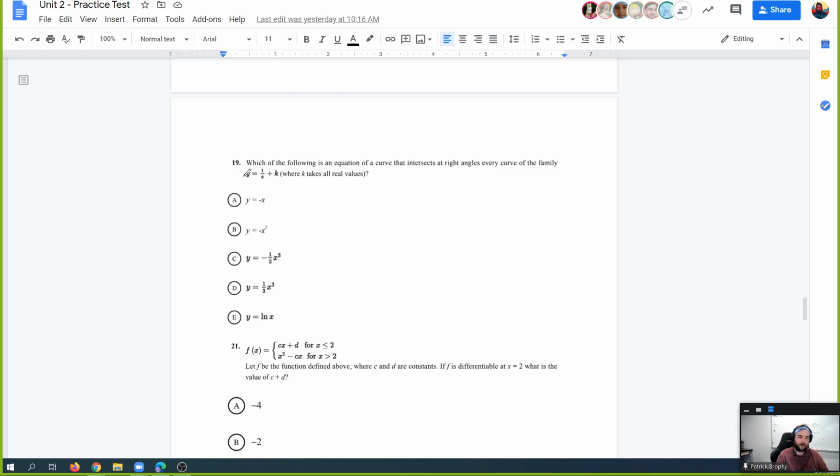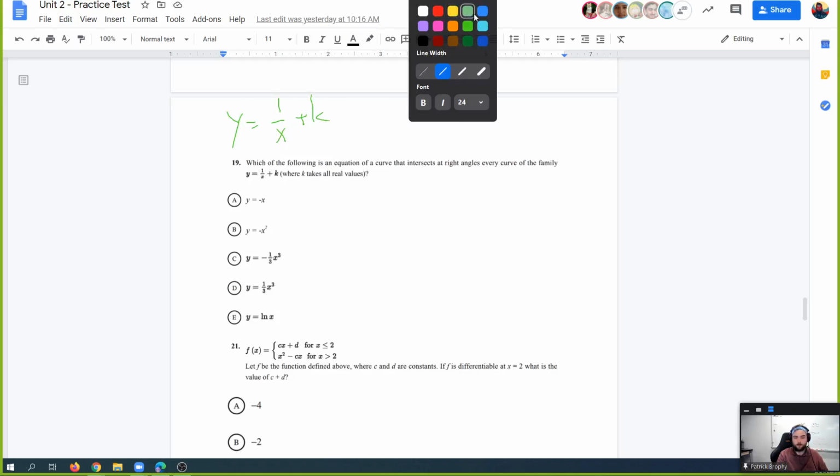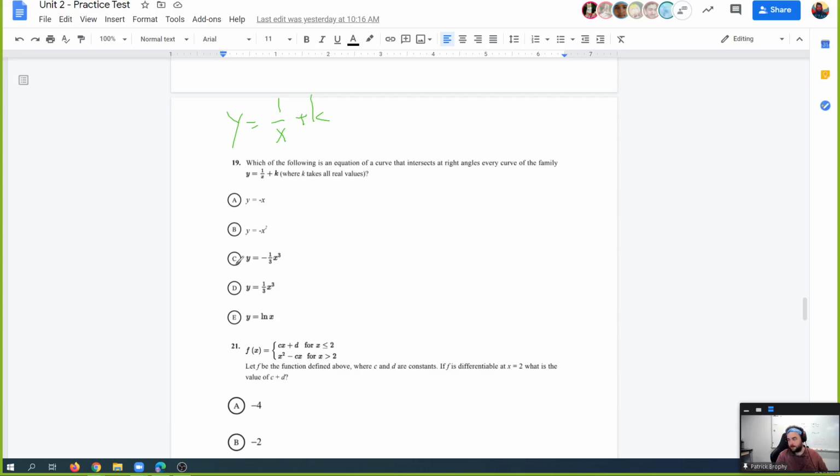Okay, so what is the family y equals 1 over x plus k? All right, this is going to use some algebra skills. You guys get an answer for this? Go ahead and annotate your answer. What did you get? Kind of curious what you guys would say. So the 1 over x family looks like this.